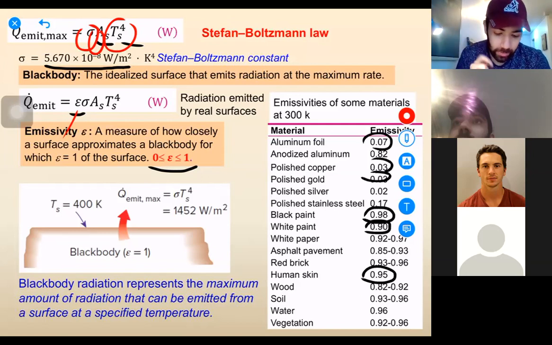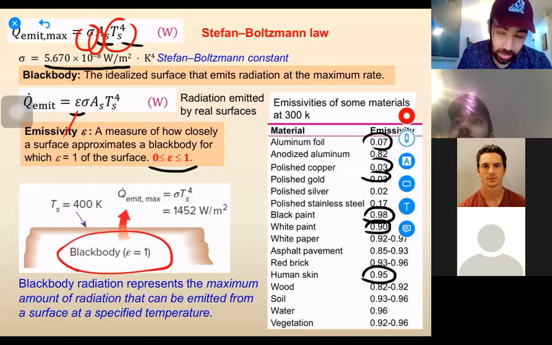So we talked about the term black body, which I said is the name for surfaces that are at the highest level of emission and absorption. So it is both.